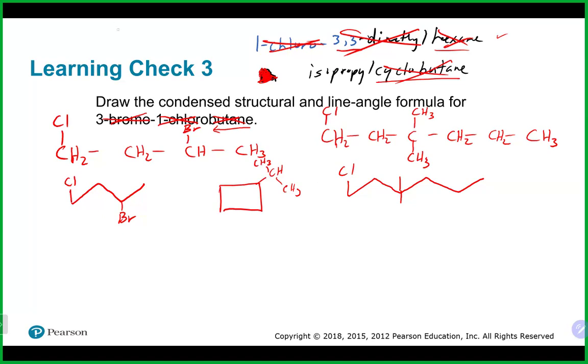The condensed form for this would really be more like this. You want to go all condensed all the way across. Yeah. Any questions on that?